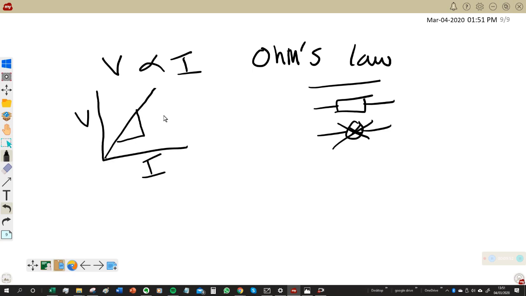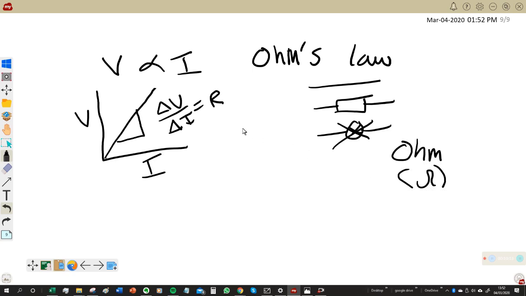If we look at the gradient, that would be the change in voltage divided by the change in current, and that would give us the final word we're looking for, which is the resistance. The symbol is R, the unit is ohm. The symbol for ohm is omega, which looks like that. Sort of.